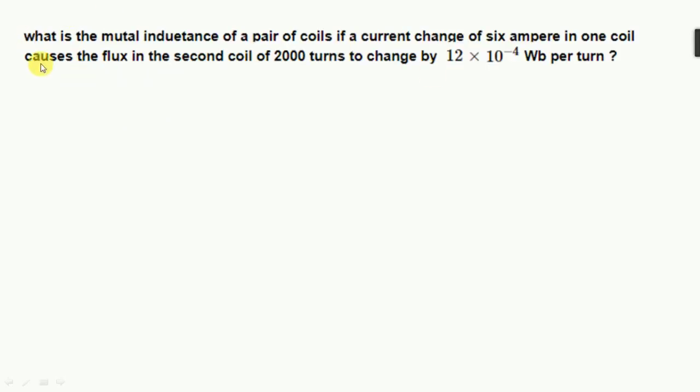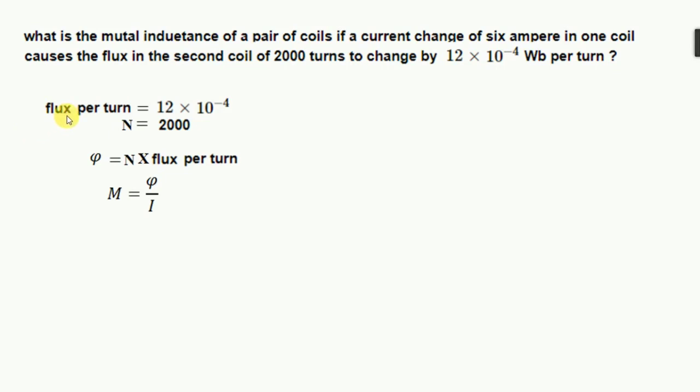So this is the second question: what is the mutual inductance of a pair of coils if a current change of 6 ampere in one coil causes the flux in the second coil of 200 turns to change by 12 into 10 to the power minus 4 Weber per turn? So now, flux per turn is given, that is 12 into 10 to the power minus 4.